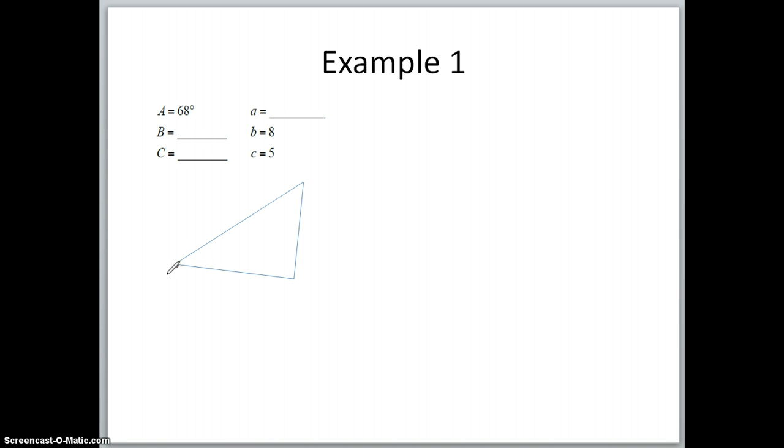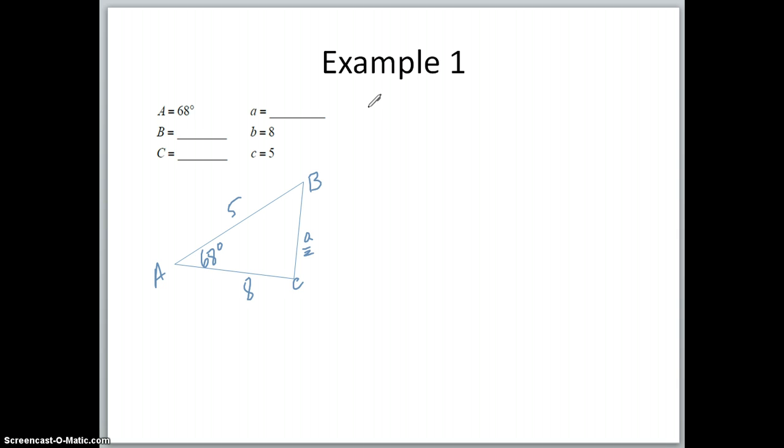All right, here's our first example, and I'm going to go and label my triangle here. So angle A is 68 degrees, side C is 5, and side B is 8. So notice if we tried to set up the law of sines, we wouldn't be able to. So let's go ahead and find side A here first.